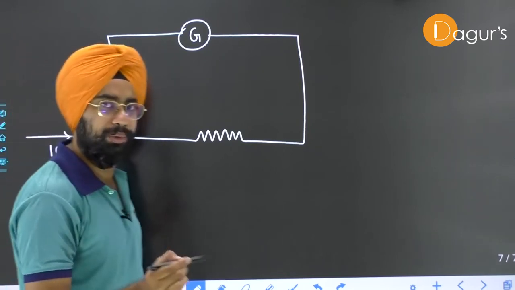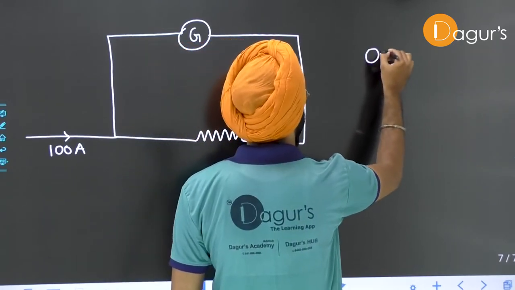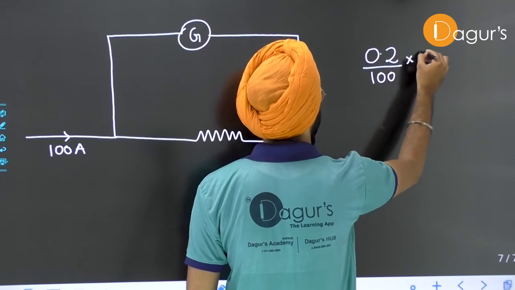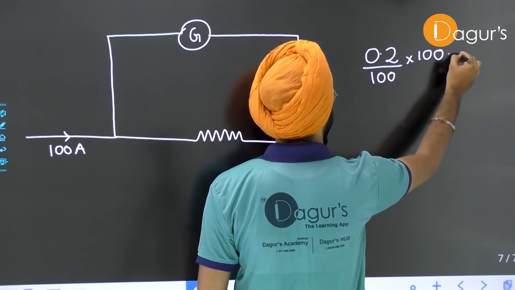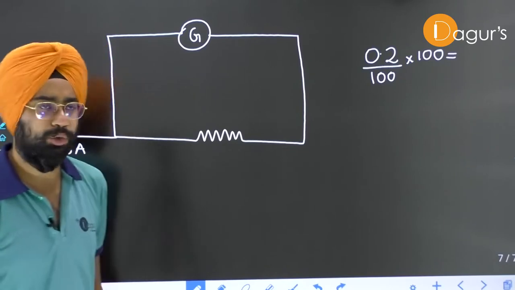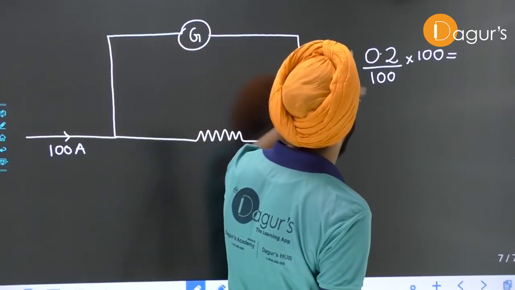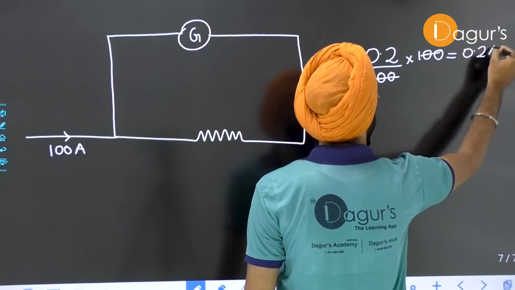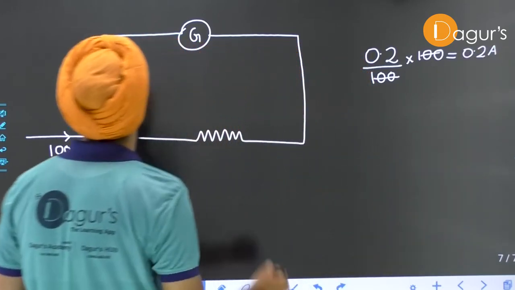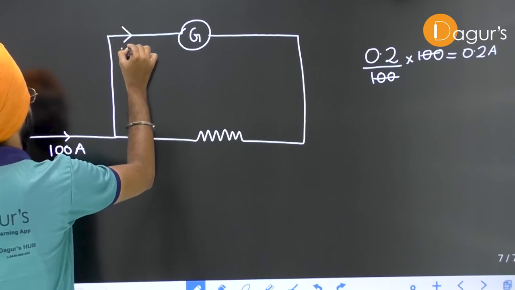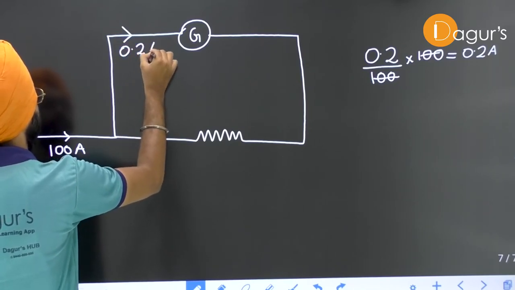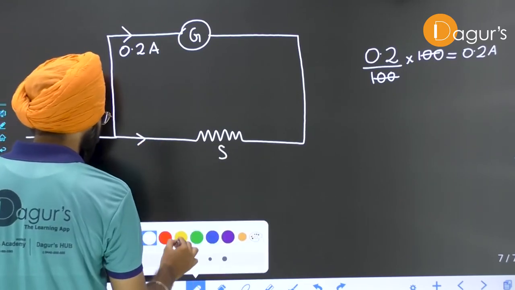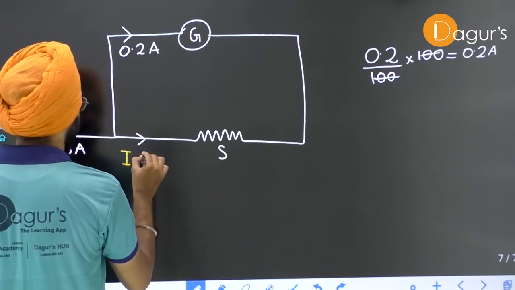Now 0.2% of 100 is coming out to be 0.2 ampere. So 0.2 ampere is entering the galvanometer, and in the shunt resistance the current will be I minus Ig.